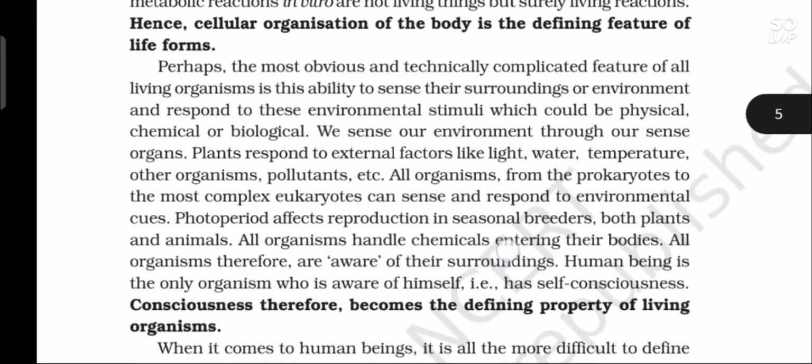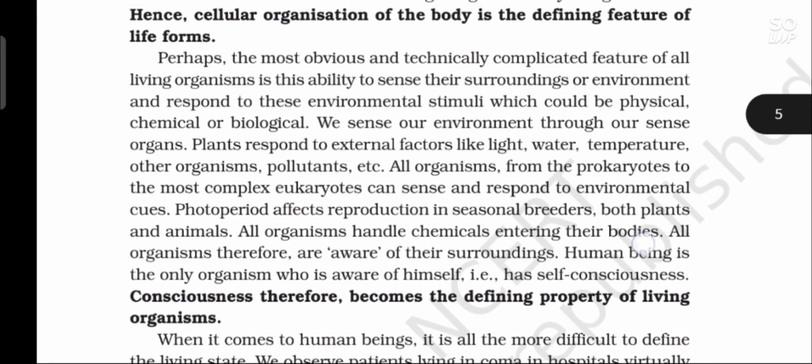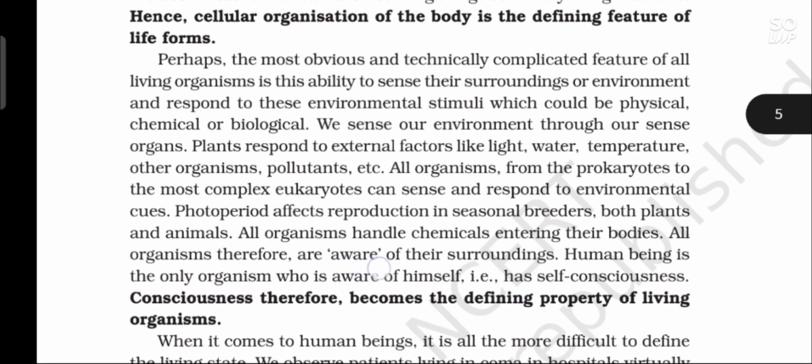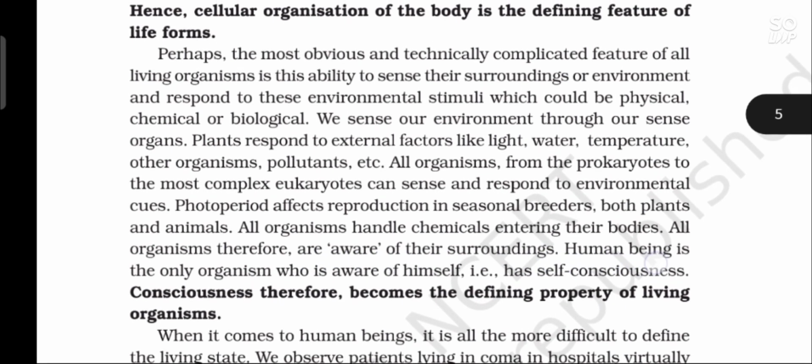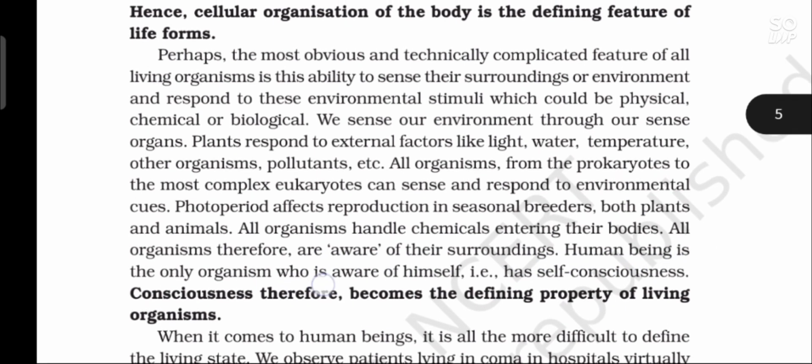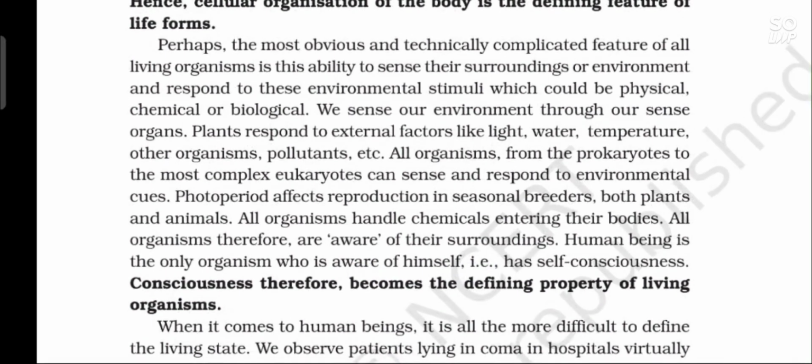All organisms handle chemicals entering their bodies. All organisms therefore are aware of their surroundings. Human being is the only organism who is aware of himself, that is, has self-awareness.